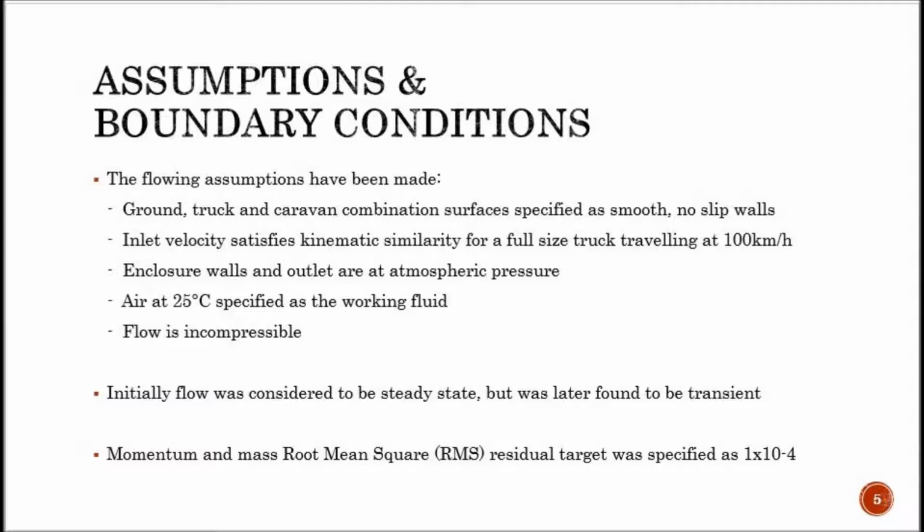In the case of the CFD enclosure walls and outlet, these have been specified as being at atmospheric pressure. The working fluid was specified as air at 25 degrees and has been considered incompressible. In addition to this, the flow was initially assumed to be steady state, with an RMS residual convergence target of 1 times 10 to the negative 4 being specified.